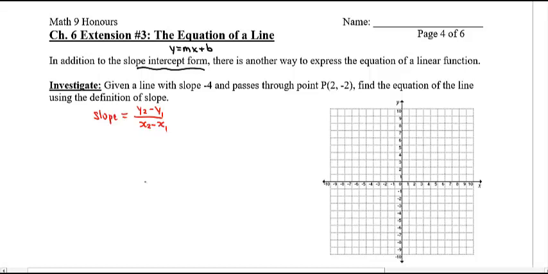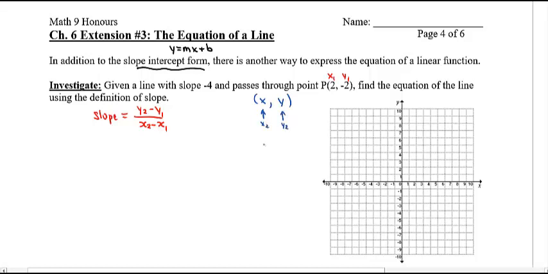Good. This time I've given you a point, so I've given you x1, y1. But I'm trying to find an equation that allows you and I to choose any value we want. So to denote any value we want, I'm just going to use x and y. And I'm going to make this my x sub 2 and y sub 2.